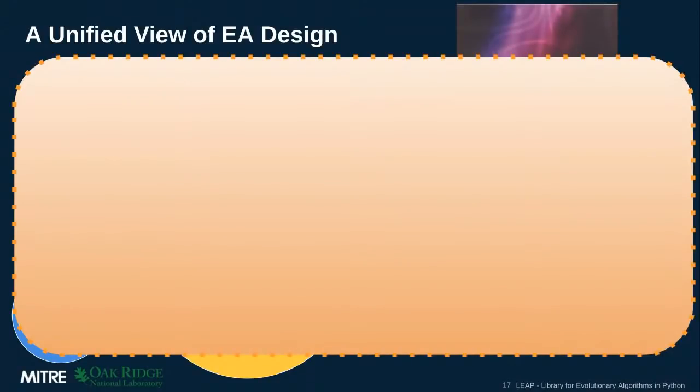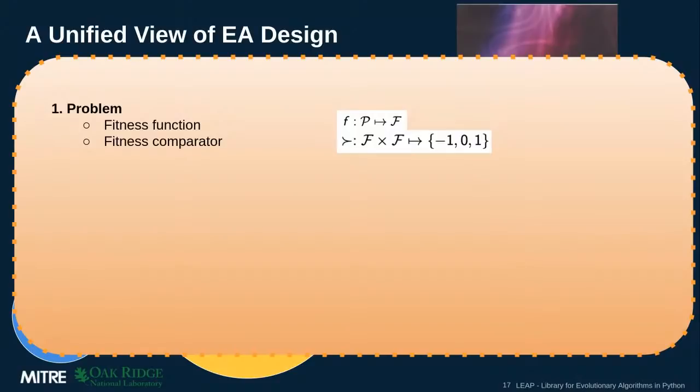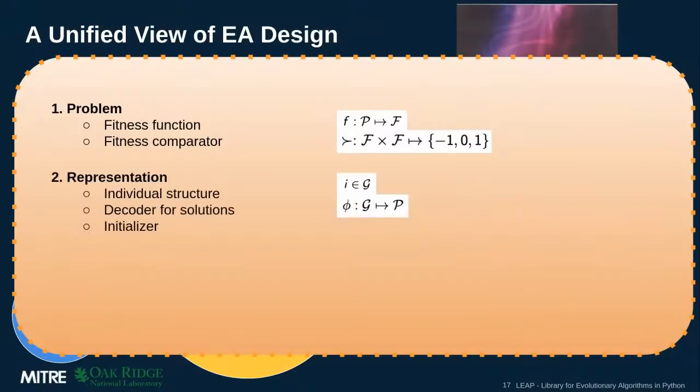It has three main parts. In our view, almost any evolutionary algorithm will have a problem. This is that function that you're trying to optimize, and a way of comparing two function values. Two, a representation. This defines your solution space and also how you transform solutions into something that can actually be evaluated on your problem.